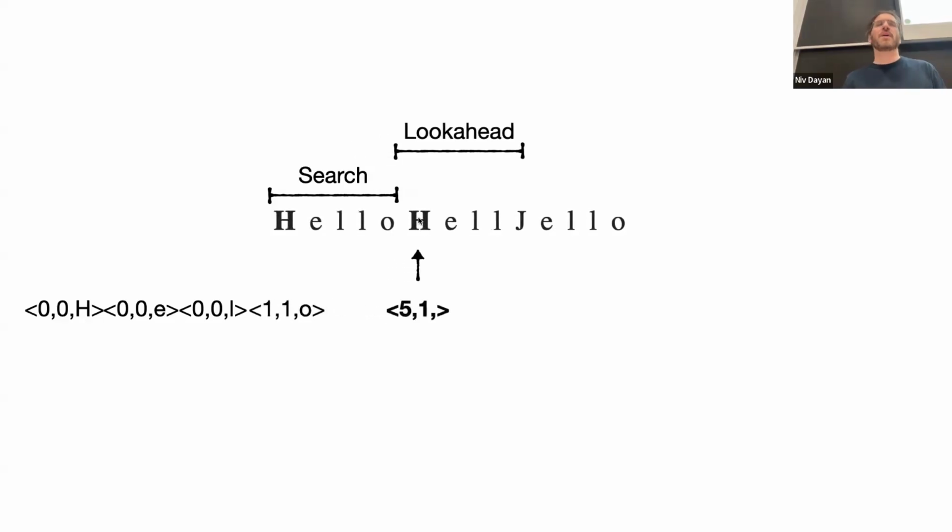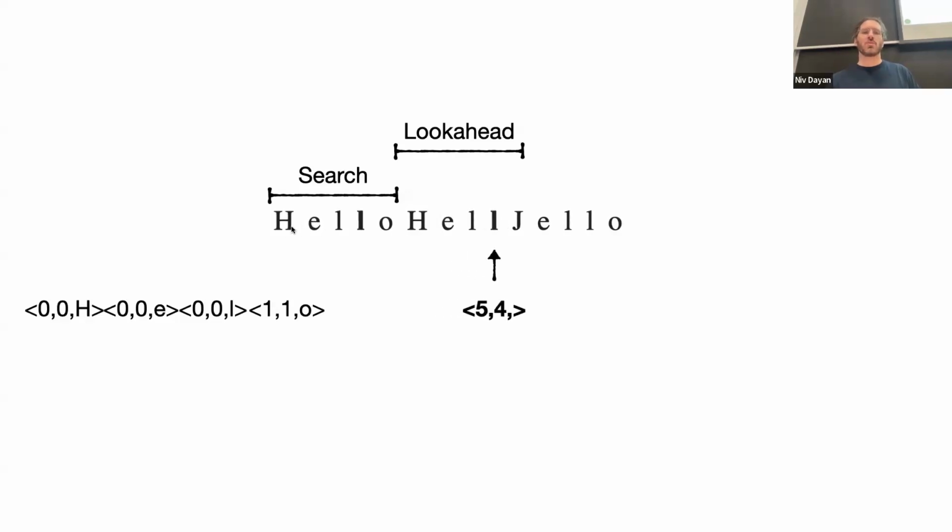Okay, and we continue. And now things actually get more interesting. Now we're looking at this H. Within our search window, which governs how much we can look backwards, we see this H, we've seen an H before. We move onwards. We've also seen an E before after this H, and this continues because we've seen HELL until we get to J. Once we get to J, that's the end of the substring that we've seen.